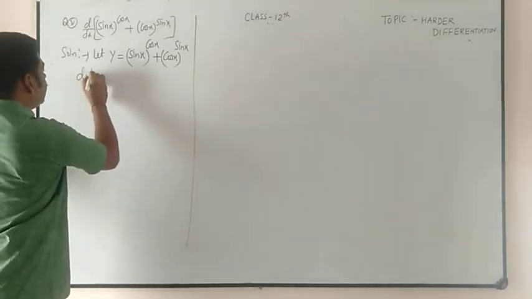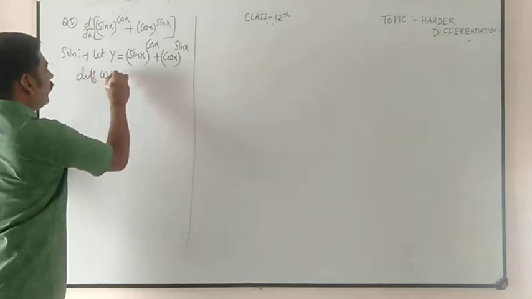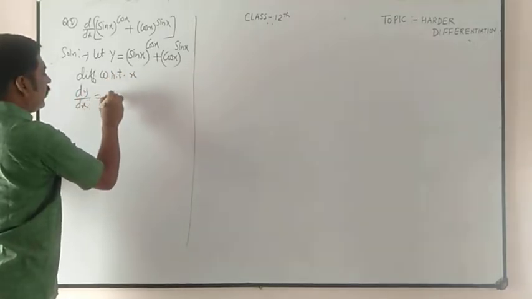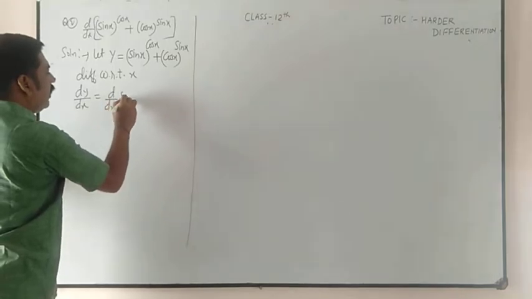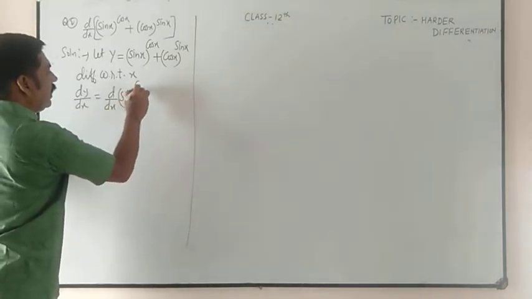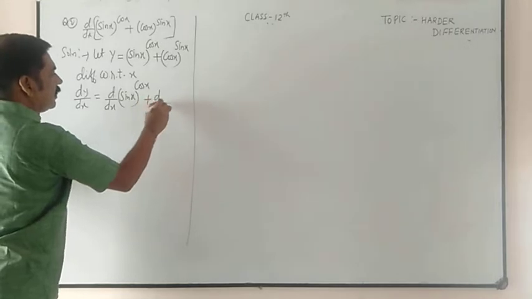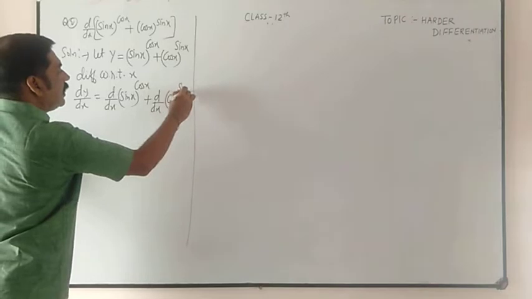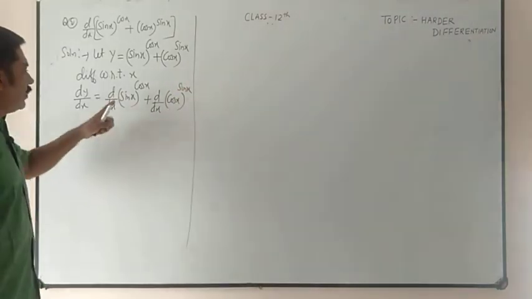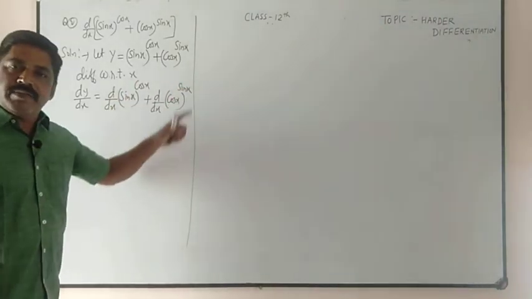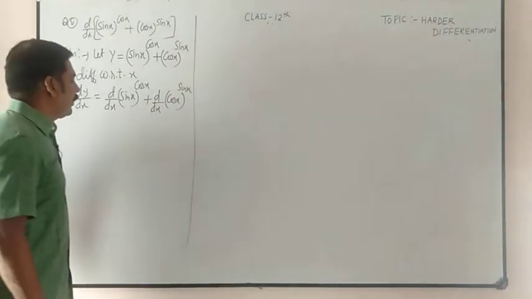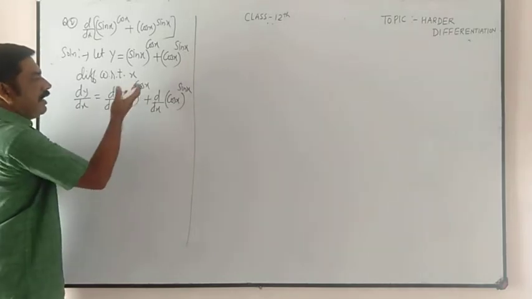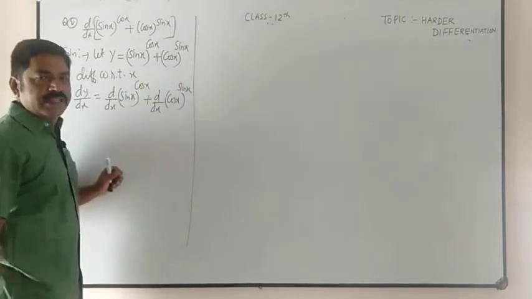Now differentiate with respect to x. dy by dx is equal to d upon dx of sin x raised to cos x plus d by dx of cos x raised to sin x. So this is variable raised to variable. Clear? We can't differentiate directly because we don't know the differentiation of sin x raised to cos x and cos x raised to sin x.